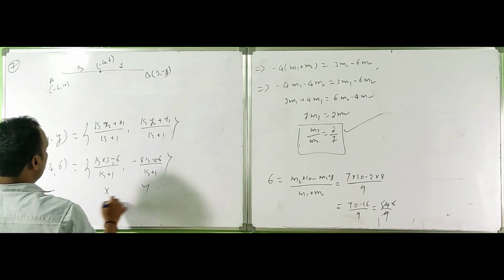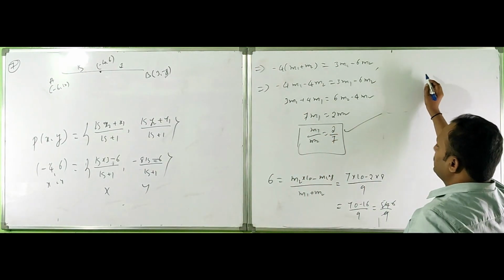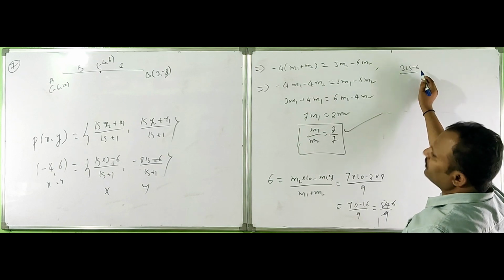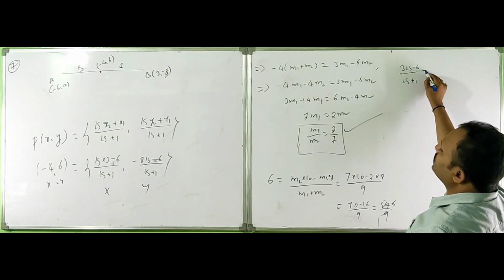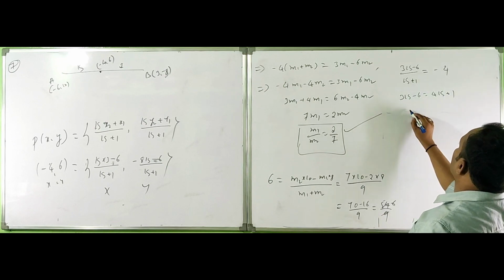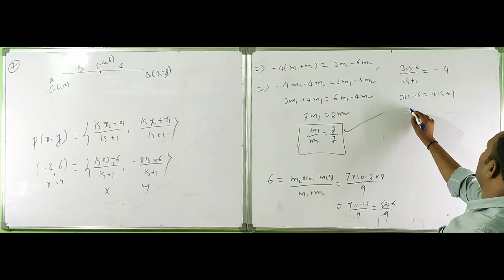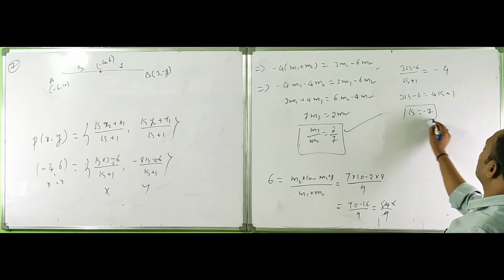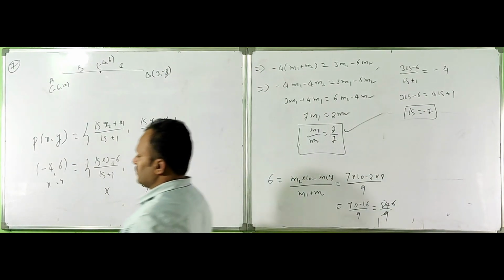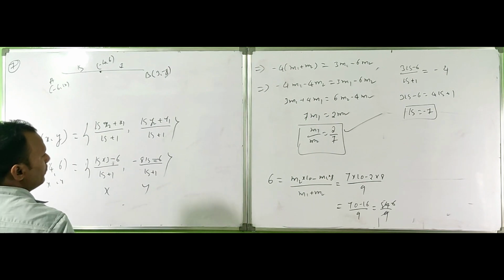Again, this is the x, this is the y. X would be x equal to, and you should have 3k minus 6 divided by k plus 1 equal to minus 4. I am getting k equal to minus 7 here.